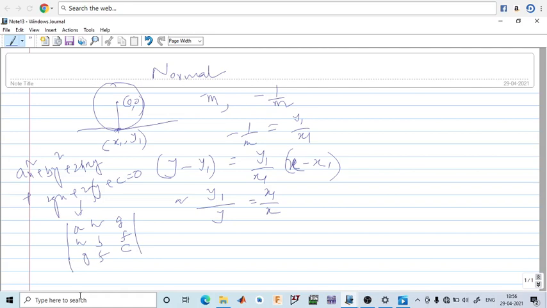It will make it clear. First write the diagonal ABC and then write the upper triangle HGF, lower triangle HGF. Clear? So the equation of normal to this second degree equation will be (x minus x1) over (ax1 plus hy1 plus g) equals (y minus y1) over (hx1 plus by1 plus f). This is the equation.